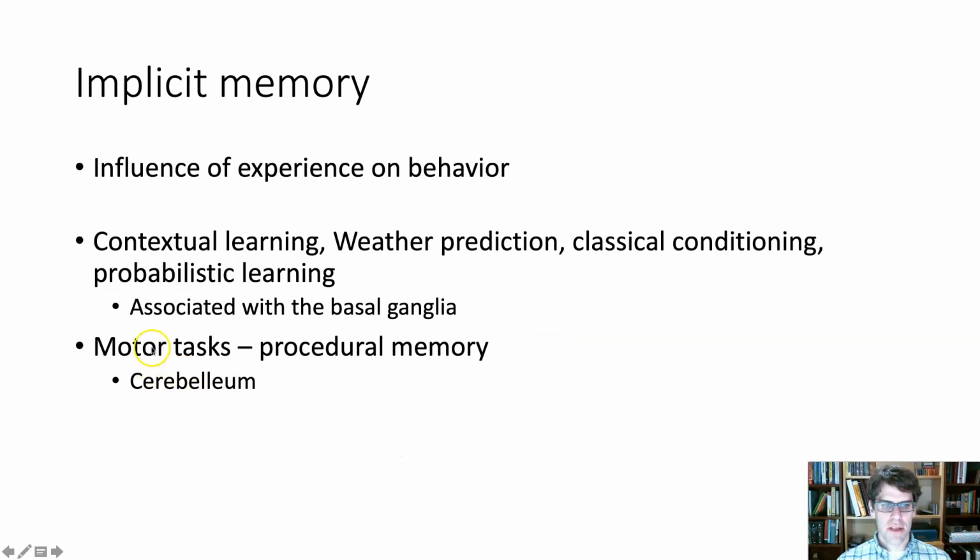The most common type, or the one I think of most for implicit memory, is procedural memory, your ability to learn a physical skill, like riding a bicycle or learning a golf swing or a baseball swing, where you don't actively recall them, but you do them and your body is just able to. And for these, we strongly think of the cerebellum playing a strong role.